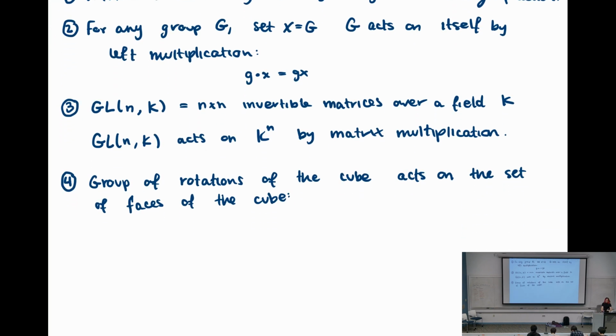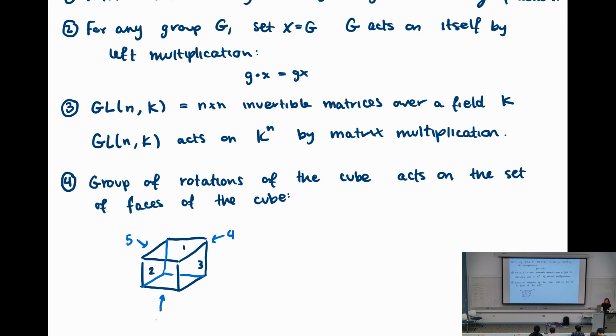So maybe I can draw an example. So if we have a cube, I'll draw the edges that we can't see in this lighter color. Okay, so say this is the cube, and I'm going to label the faces as well. So 1, 2, 3, those are the front faces that we can see, and then maybe behind it are 4, 5, and 6.